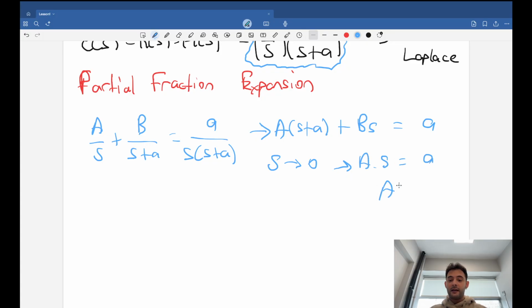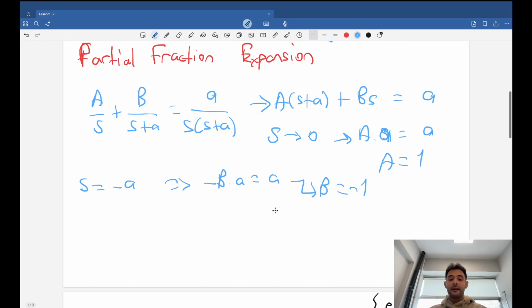So A is 1. With a similar manner, let's say s equals minus a, because I wanted to get rid of this A part, and then I see minus B times a equals a. So I can say B is minus 1.